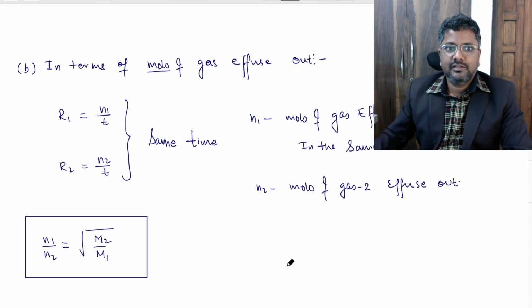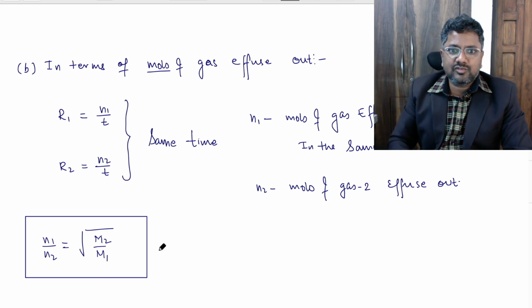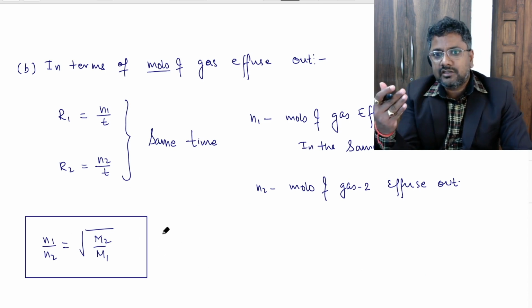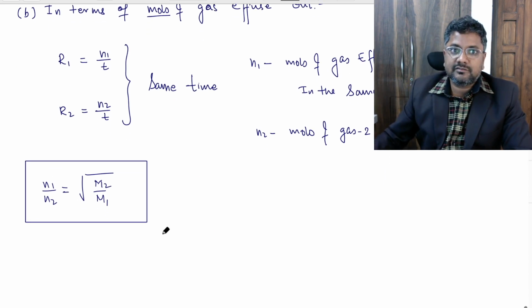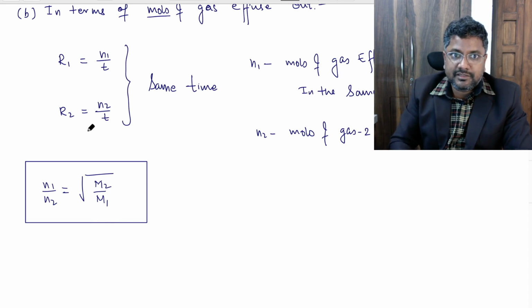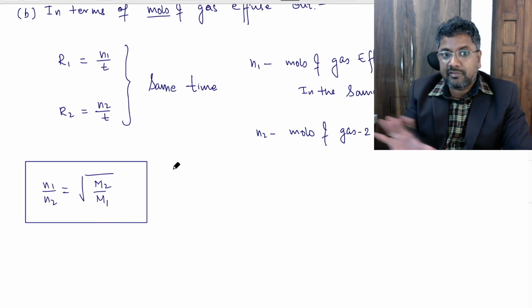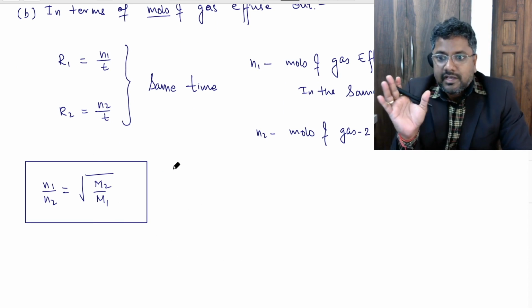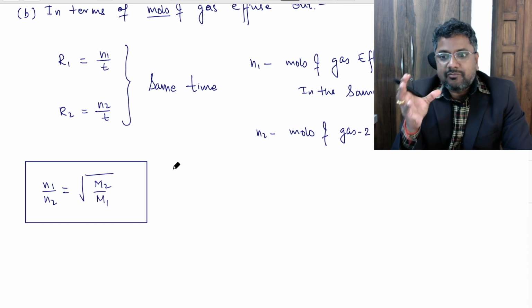Okay, now see, suppose it is asked, tell the relation for the mass of gas effused out. This is not an independent part. You cannot directly equate mass, because this is a very important point.